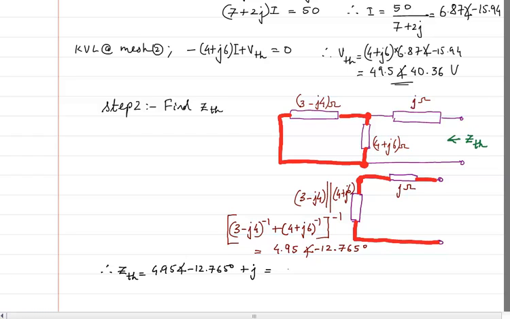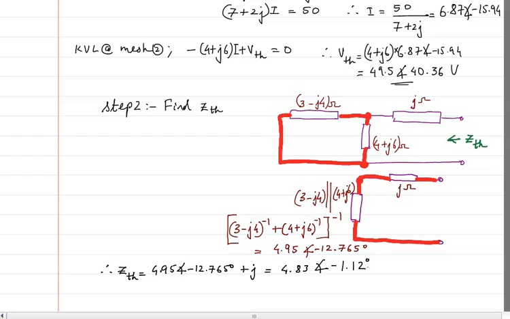And that gives me the answer as 4.83 with an angle of minus 1.12.